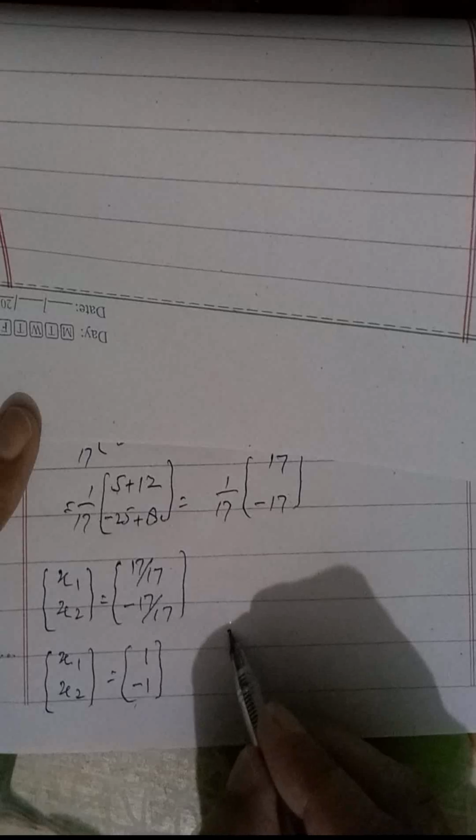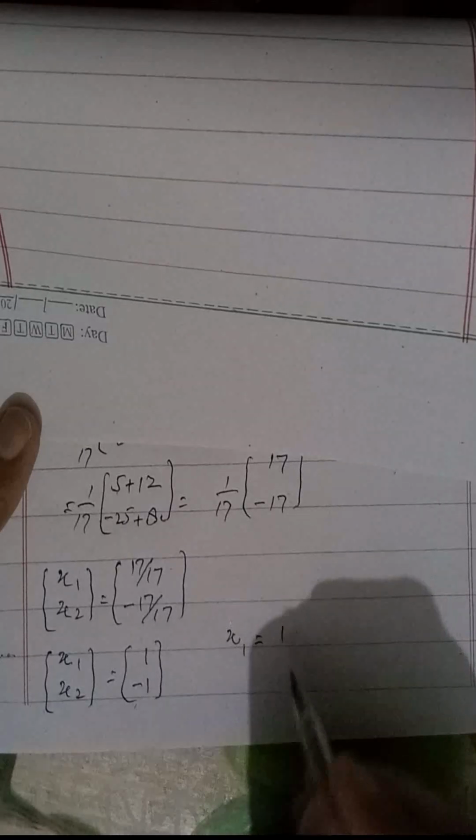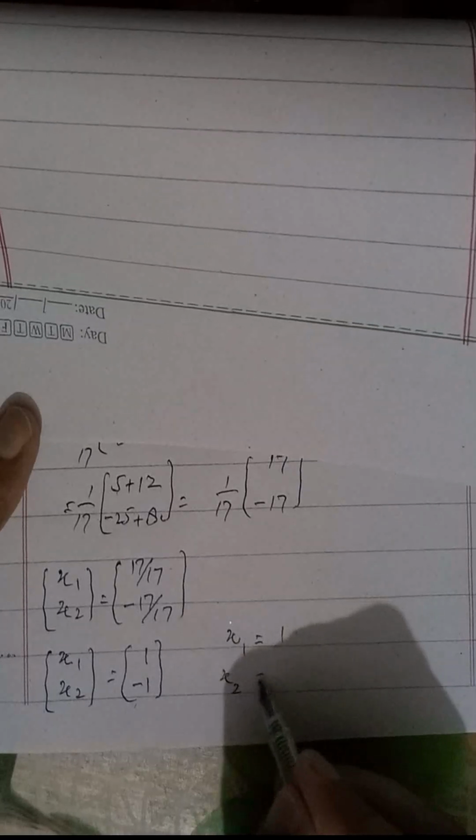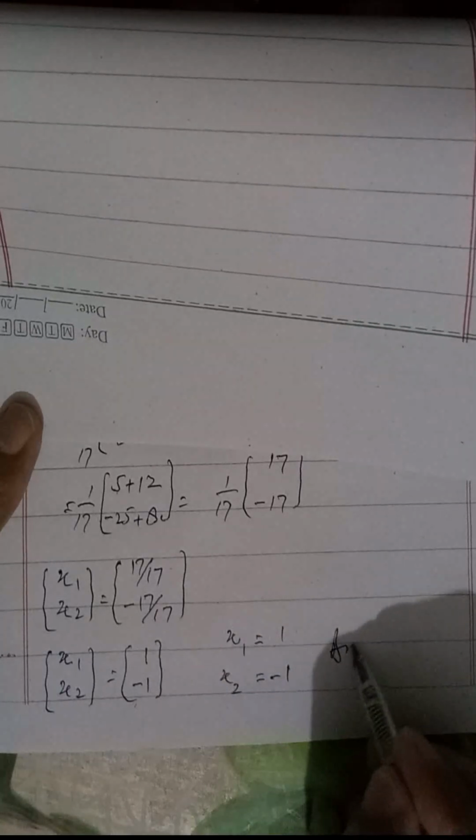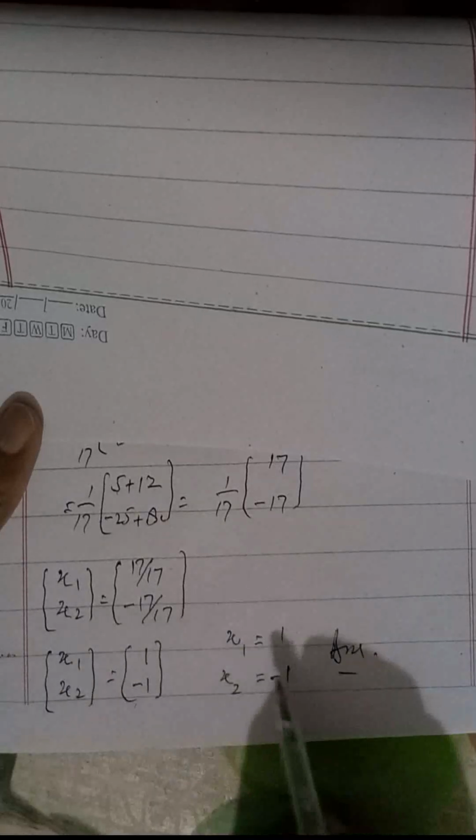So the answer is x1 is equal to 1 and x2 is equal to minus 1, which are the answers for the variables x1 and x2.